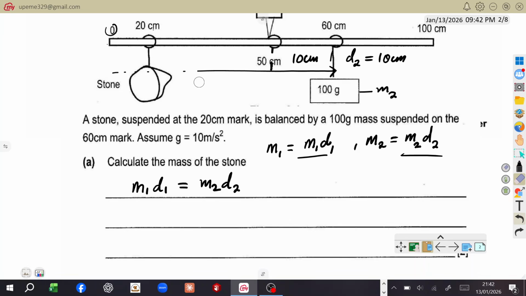Then we also want to know D1. Okay, let me wrap up now that we have already dealt with this. This one will be mass 1. Mass 1 is unknown, but let's find its distance from the pivot. What will be its distance here? Again, from the object to the pivot. In physics, they never spoon feed you.